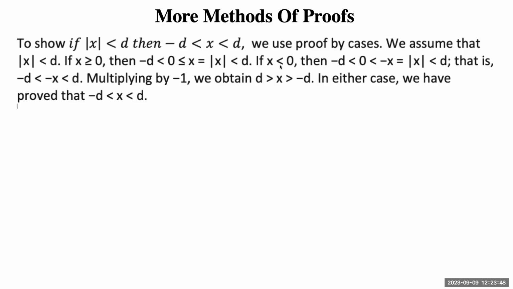If x is less than 0, then 0 is less than negative x. Okay. But still greater than negative d. So therefore, absolute x is less than d. So that is, negative x is between negative d and d. So we proved it for both cases. If x is positive, then it has to be bigger than negative d, and then x itself is equal to absolute x, which is less than d.